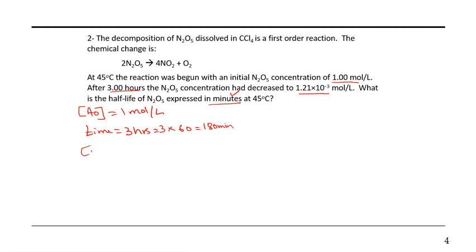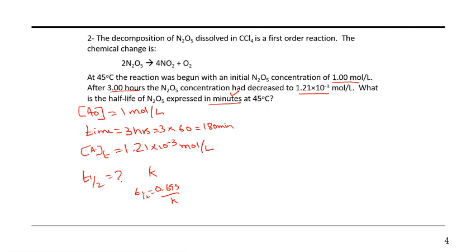The concentration after that time, after 3 hours, is given as 1.21 times 10 to the power negative 3 moles per liter, and we have to find t half. Here we don't have the k value, so we cannot use the formula t half equals 0.693 divided by k.